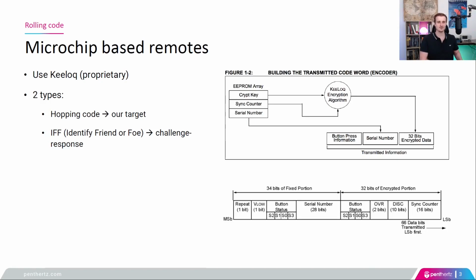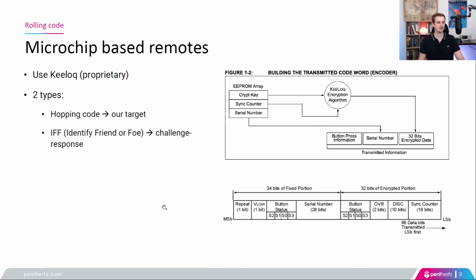The car will try to wake up your tag, and you respond to a challenge from the car in order to identify yourself, for example to open or start it. But this is not our context, so we keep on with the hopping code.